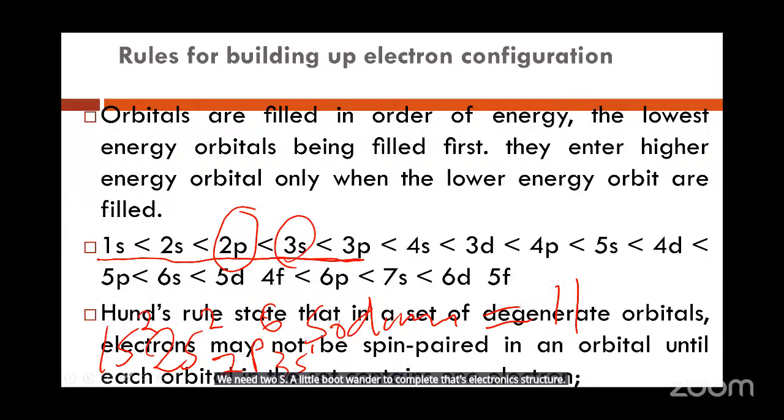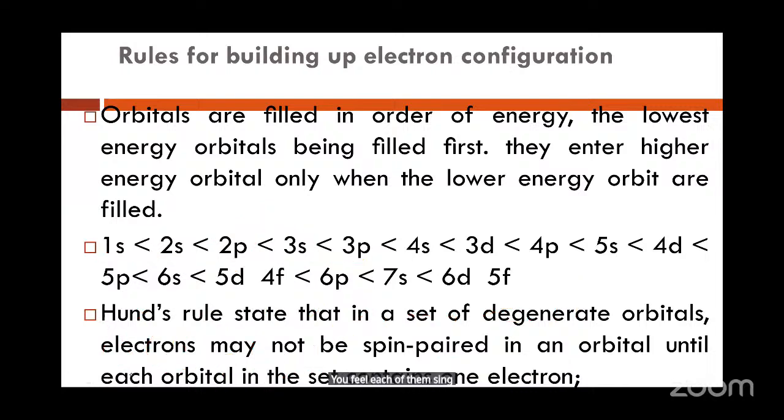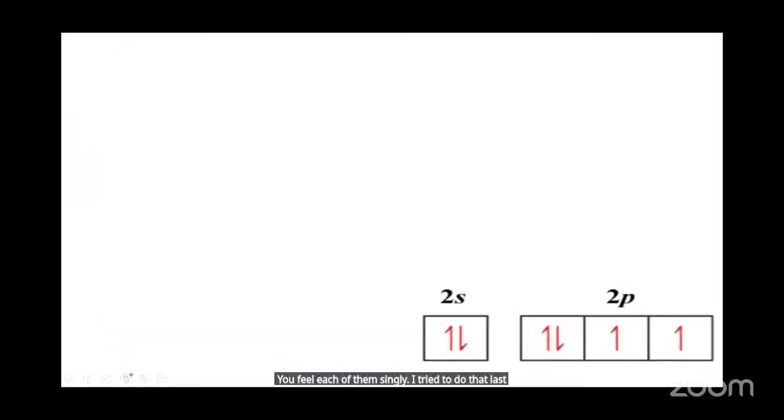Then the second rule guiding that is Hund's rule. That when you have a set of degenerate orbitals that are of equal energy, that's the one we call degenerates, then you fill each of them singly. You fill each of them singly. I tried to do that last week by showing you something like this.